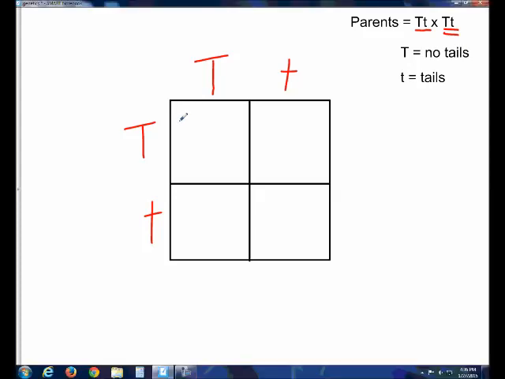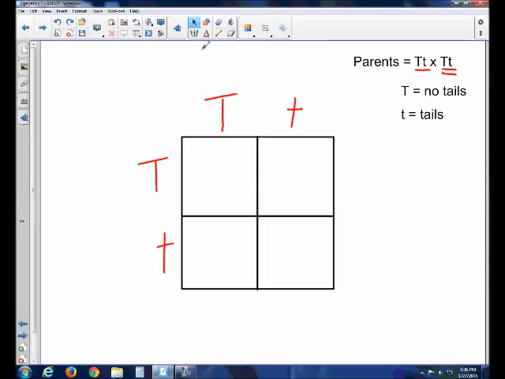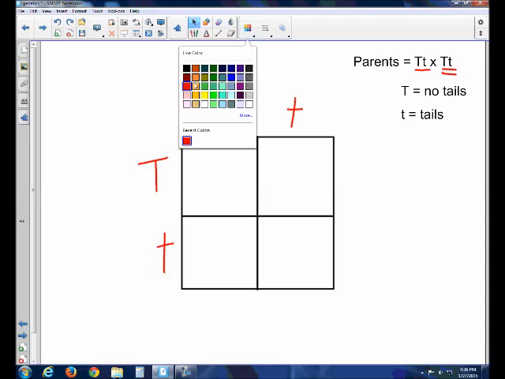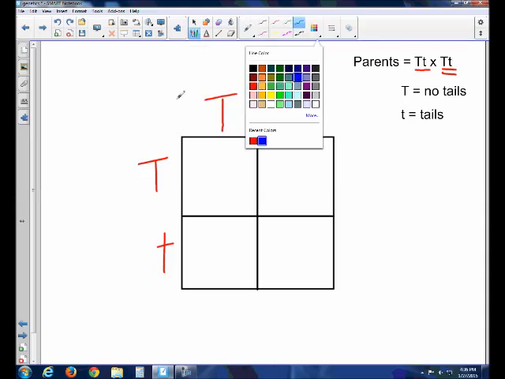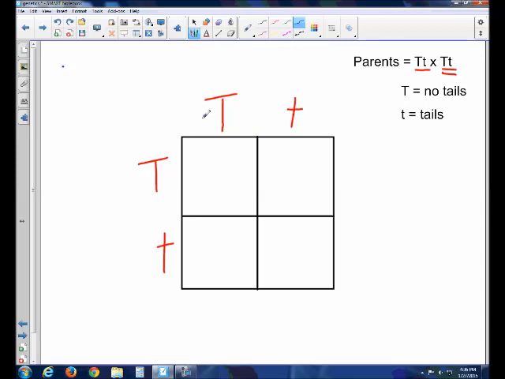In fact, let's turn this off from full screen for just a little bit. What you're going to do is take the letter that's on top, and it's going to go in every box down below it. So this big T is going to go here, and it's going to go here.